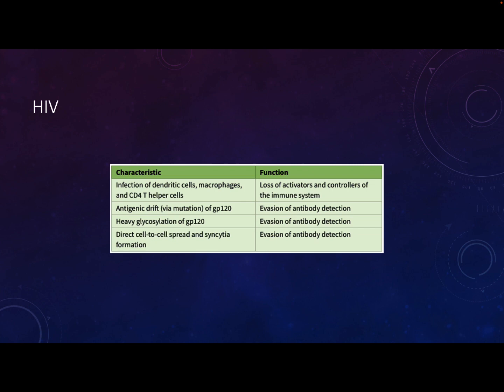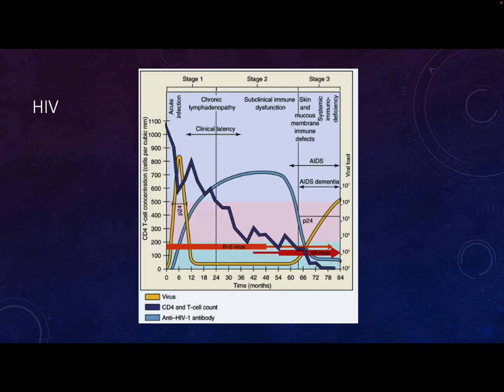So I don't know if any of you took colloquium last semester in the spring, but one of my colleagues from Fresno State came and gave the first seminar, and she studies this thing called tunneling nanotubes, structures that eukaryotic cells make that are little connections from cell to cell, and HIV can transit from cell to cell using these little connections. They can also form syncytia, which helps them hide from the immune system. So they have a lot of ways to hide from the immune system.